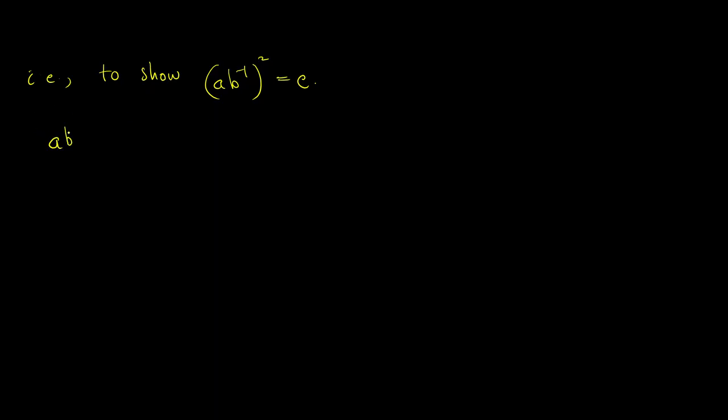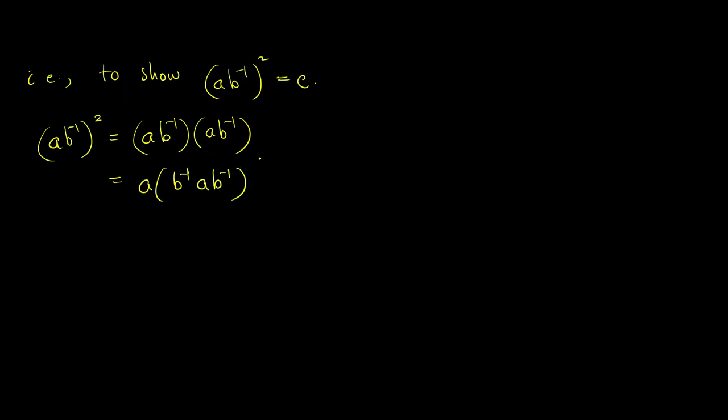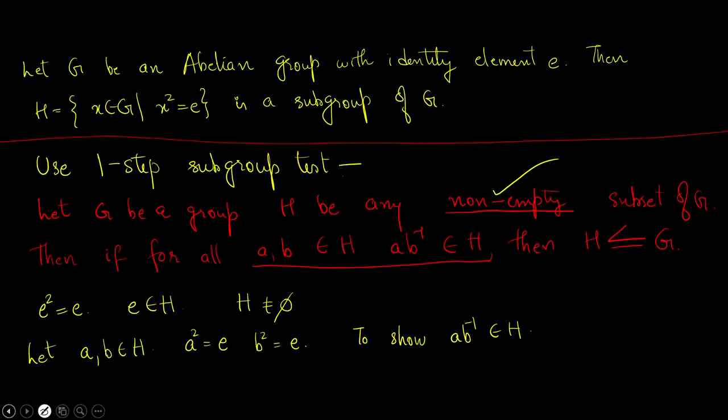We have (A B inverse) whole squared, which is nothing but A B inverse into A B inverse. Now by associativity, we can write this as A into B inverse A B inverse. We are given that group G is abelian, and we have not made use of that fact till now.